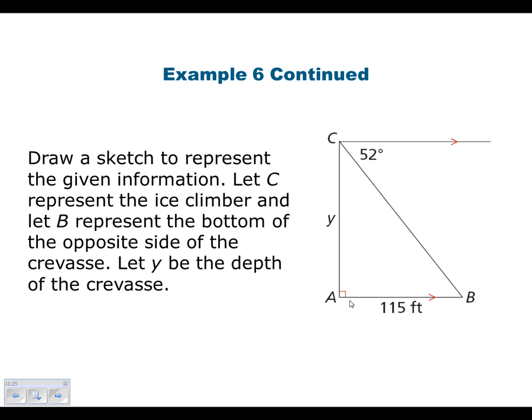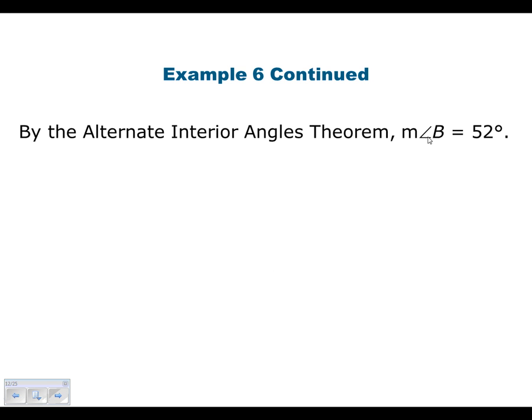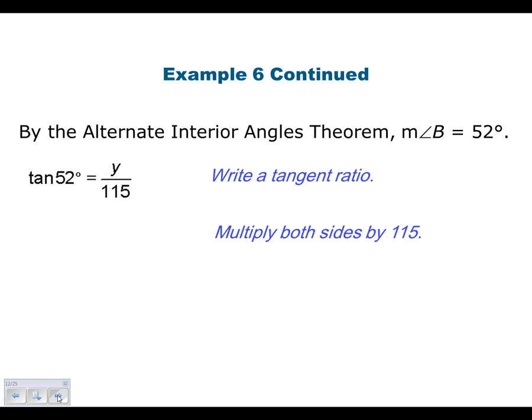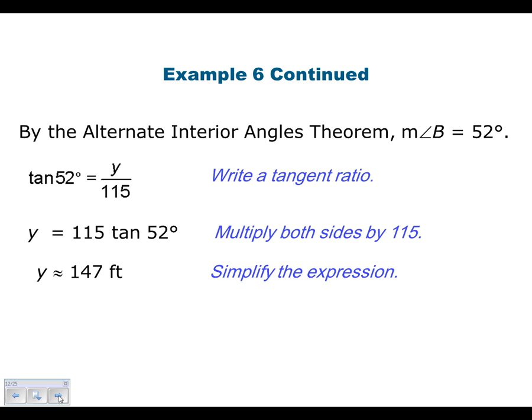We have 115 is the side adjacent to angle B. Angle C equals angle B, so the measure of angle B equals 52 degrees. By writing the tangent ratio, we have tan 52 equals Y over 115. Multiplying both sides by 115, we have Y equals 115 tan 52. Simplify. We have Y equals 147 feet.